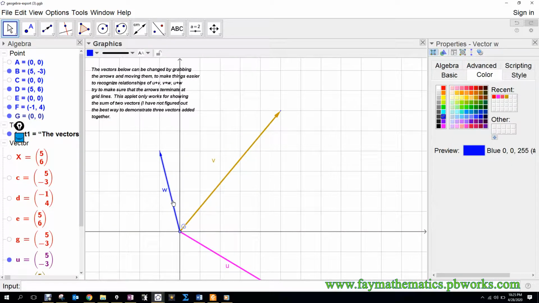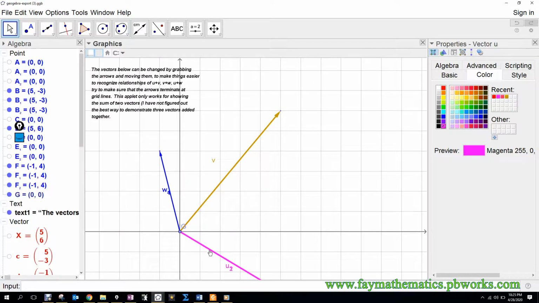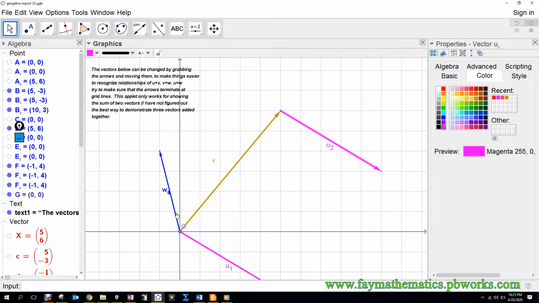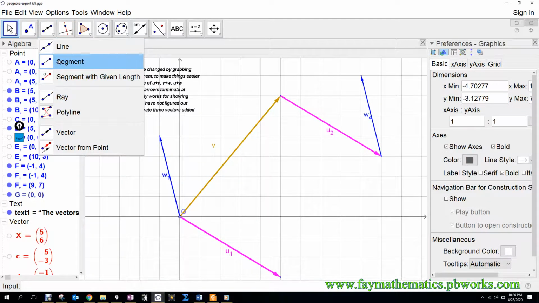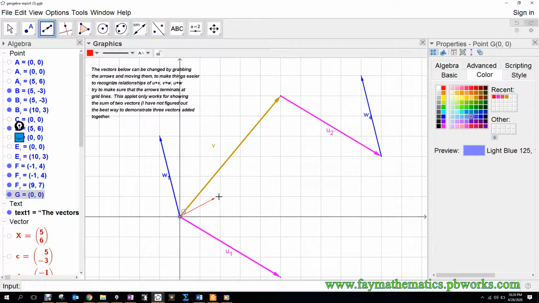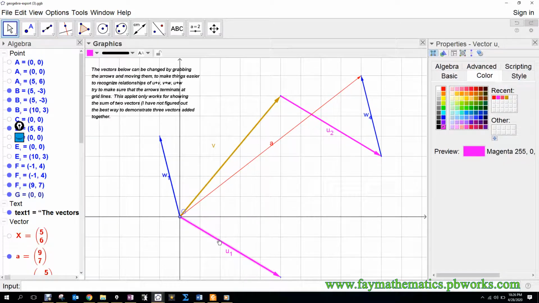Control C, V, Control C, V. Put those together, okay? So it would take me from 0, 0 along that red vector. If I put this vector, that vector, and that vector, their combined effect on somebody in a wheelchair would get them to right there. Okay.